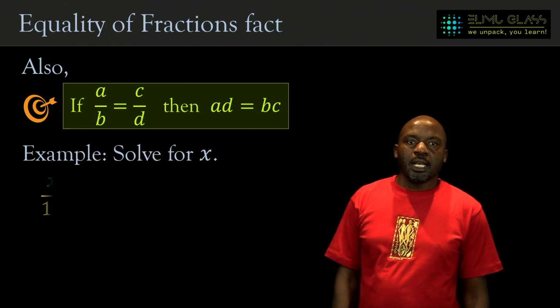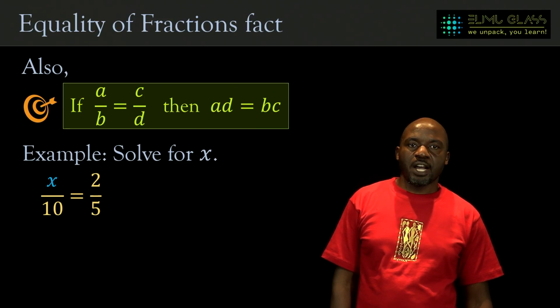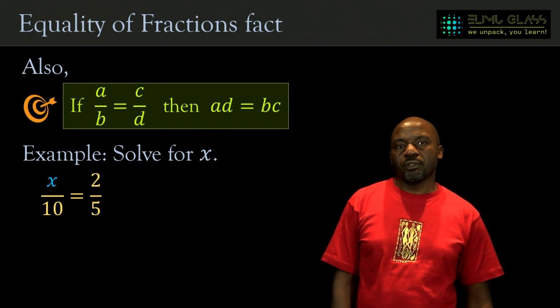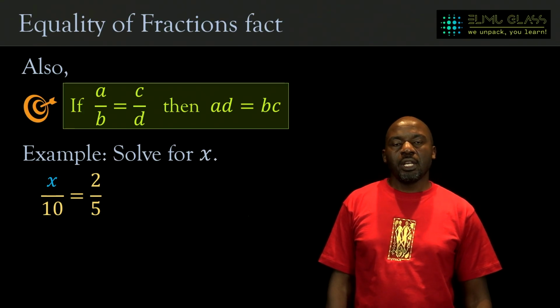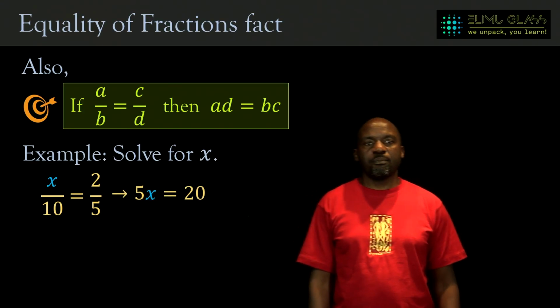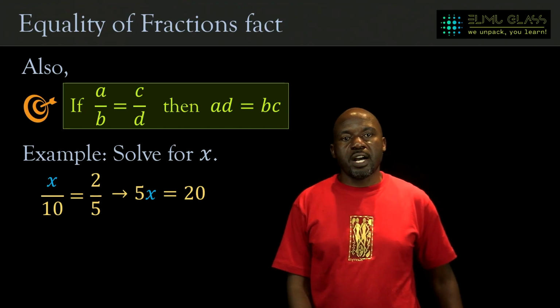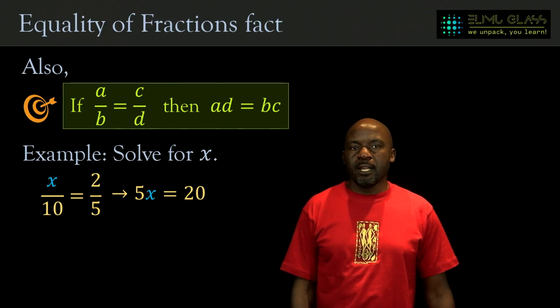Solve for x, and I have there x over 10 is equal to 2 over 5. So if those two fractions are equal, then we can cross multiply. So I will write 5 multiplied by x, which gives me 5x, must be equal to 10 multiplied by 2, which is 20. So 5x must be equal to 20. And when we reach this scenario, MYP5, MYP4 students, you'll already know we need to divide both sides by 5.